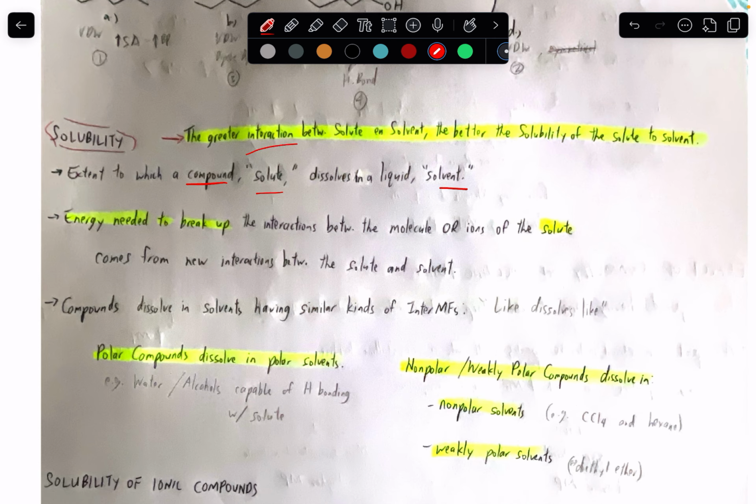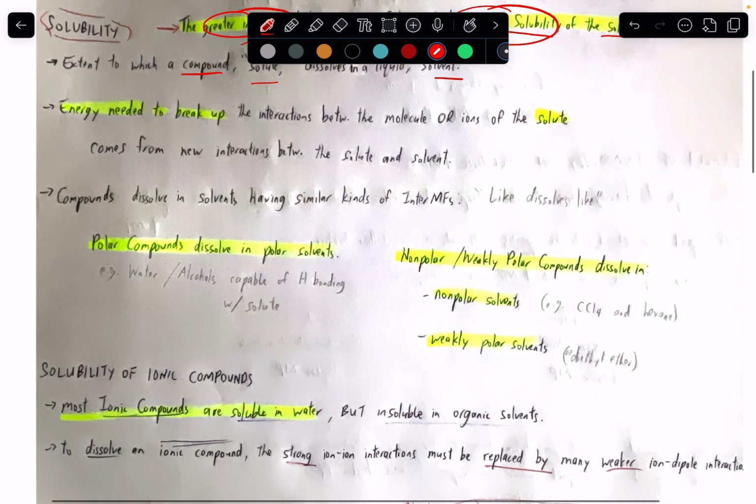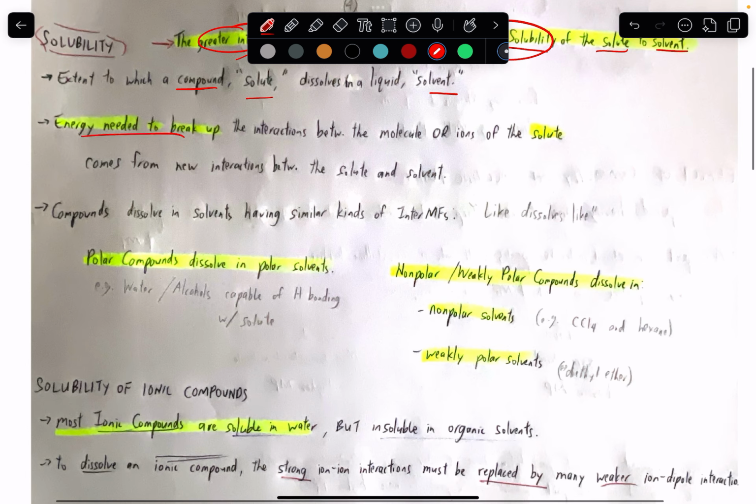Sabi dito, the greater interaction between the solute and the solvent, then the better the solubility is of the solute to the solvent. So yun, essentially, greater interaction means better solubility. This is the energy that is needed to break up the interactions between the molecules or ions of the solute.